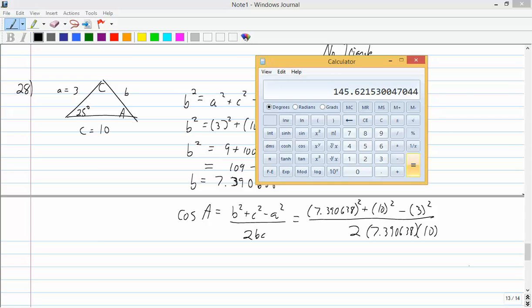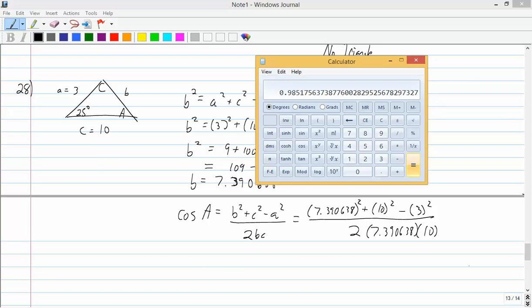Alright, and then you can divide by this, and divide by this. So divided by 2 equals, divided by 10 equals, divided by 7.390638 equals. So that's what the cosine of A is equal to.